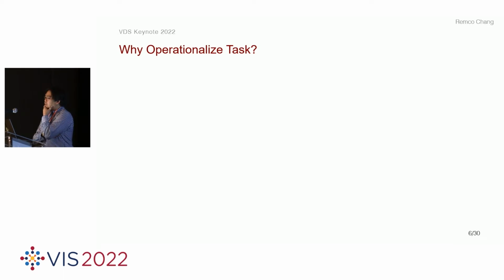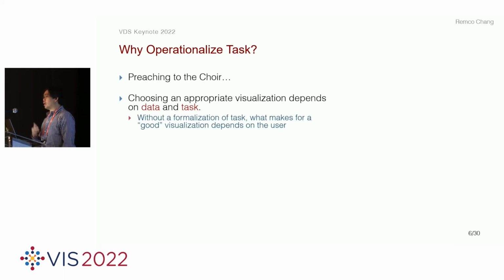So obviously the question is, why do we want to operationalize the concept of task? And perhaps I'm just preaching to the choir, seeing how everybody here is interested in data viz. But we teach our students in the Intro Viz course that choosing an appropriate visualization depends on both data and task. And without a formalization of task, currently what makes for a good visualization very much depends on the user.